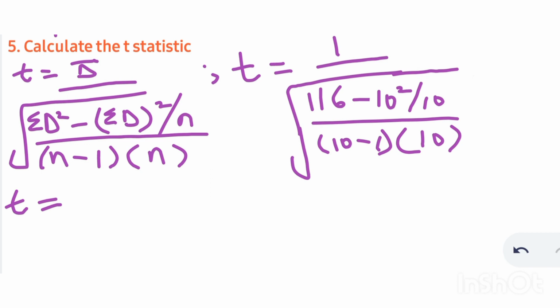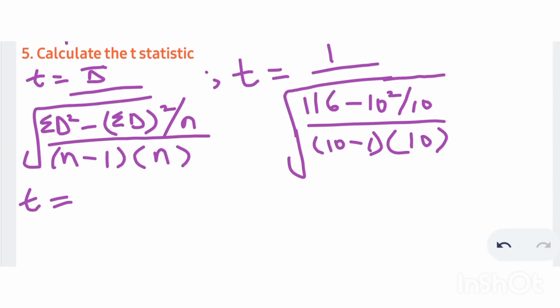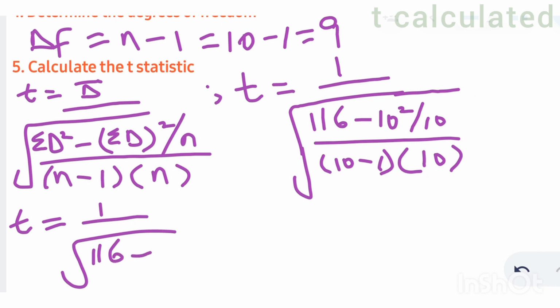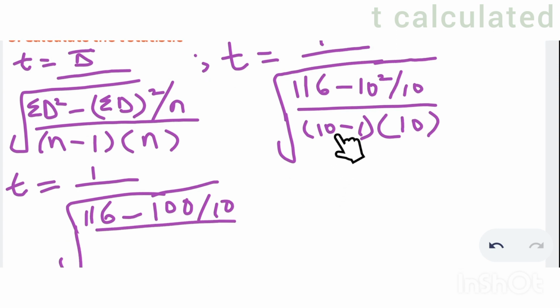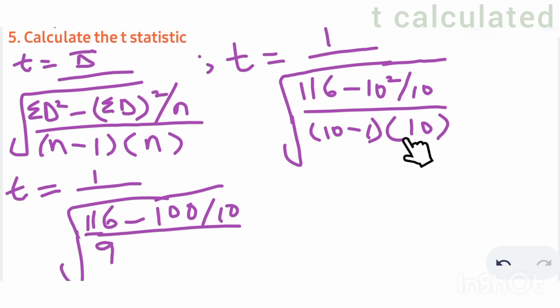So going forward, we have t equals 1 over the root of 116 minus 10 squared, which is 10 times 10, giving 100, over 10, all over 10 minus 1, that will be 9, times 10.